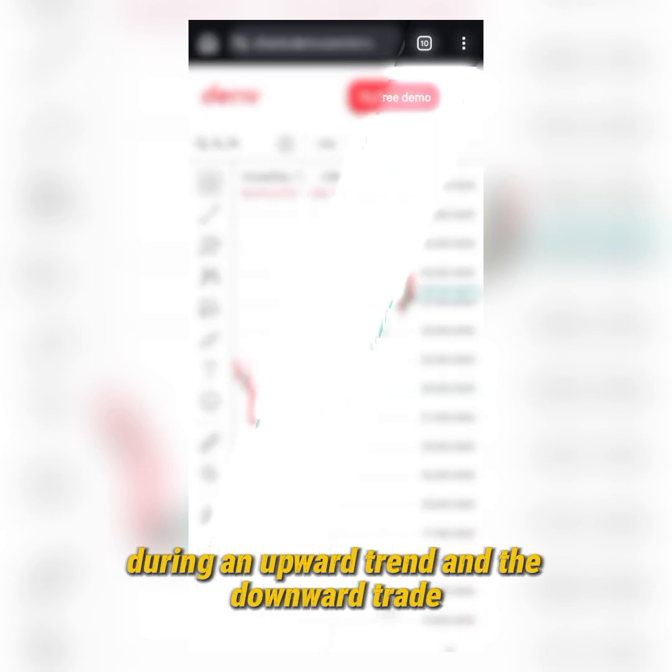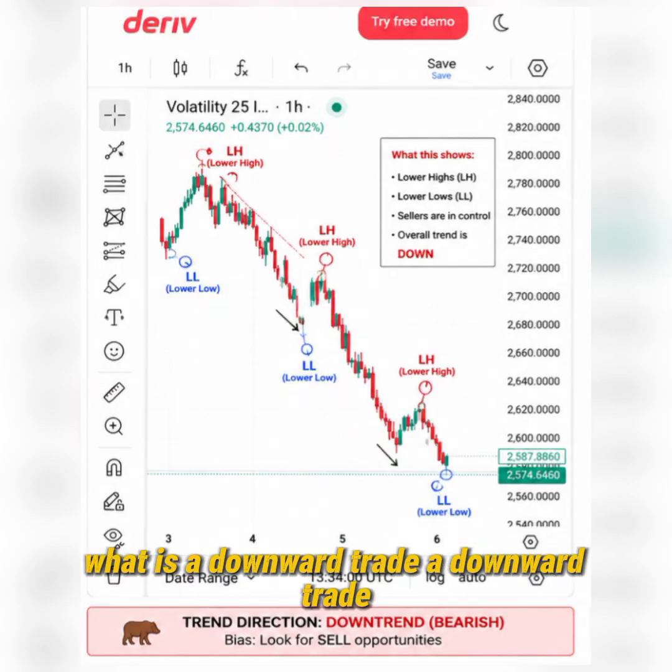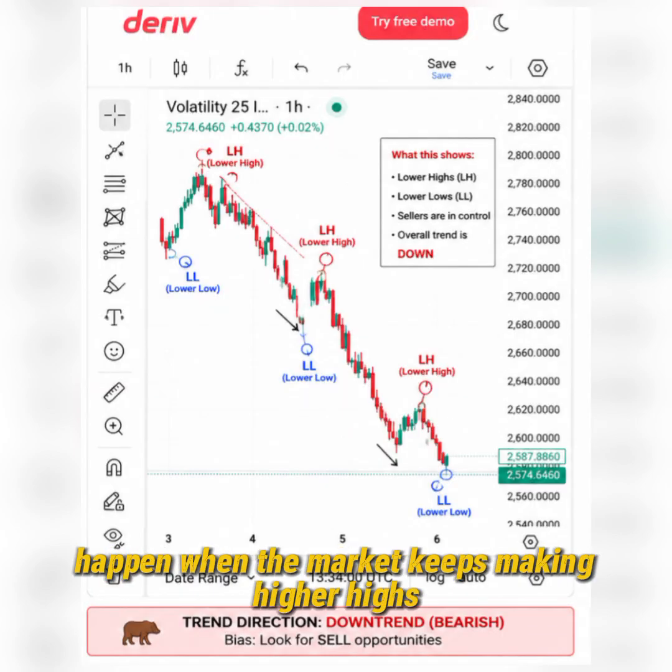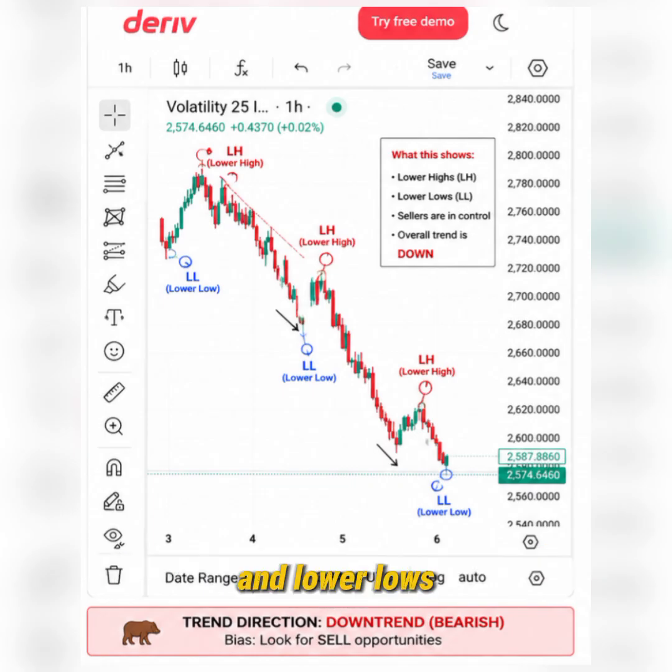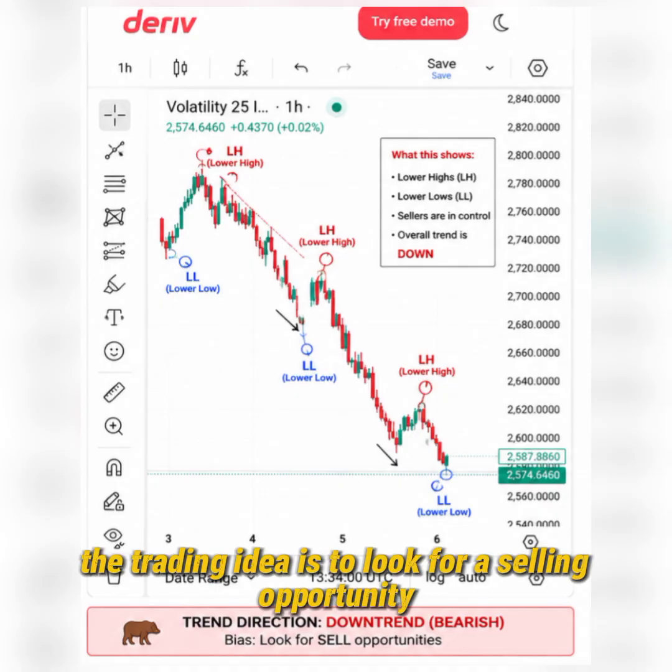And what is a downtrend? A downtrend happens when the market keeps making lower highs and lower lows. The trading idea is to look for selling opportunities during a downward trend.